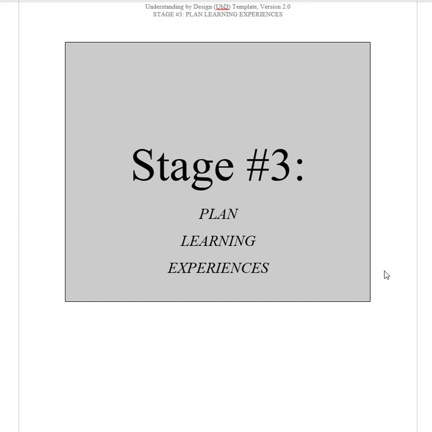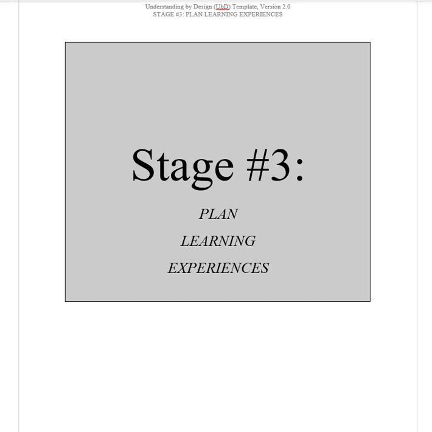And welcome to the third and final installment of the Understanding by Design Stage 3, Planning and Learning Experience. Stage 3 should be derived from the goals in Stage 1 and the assessment that you have developed for Stage 2. This ensures alignment and effectiveness of the course, but it also leads to validity of the course too.